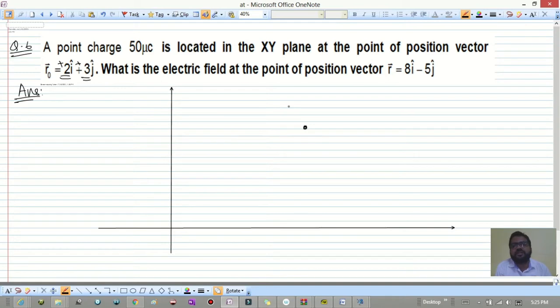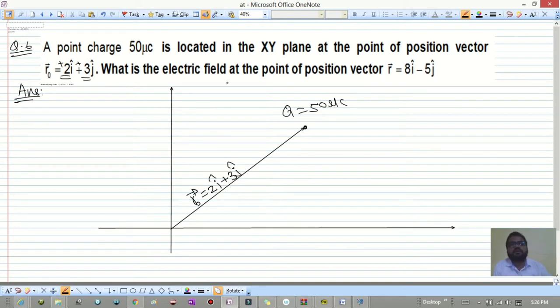Somewhere here we have a charge of magnitude 50 microcoulomb. The position vector of this from the origin is given, and that is 2i hat plus 3j hat. So r naught bar is equal to 2i hat plus 3j hat.